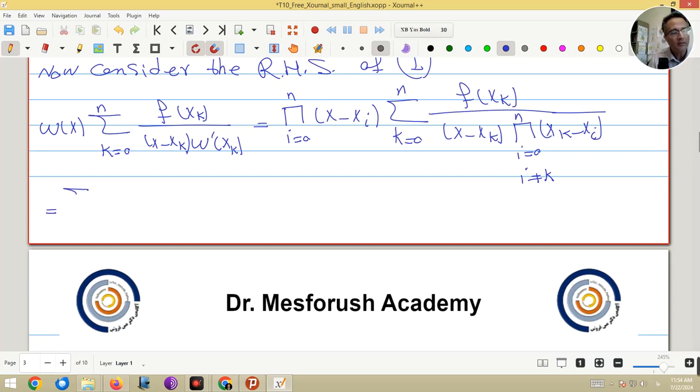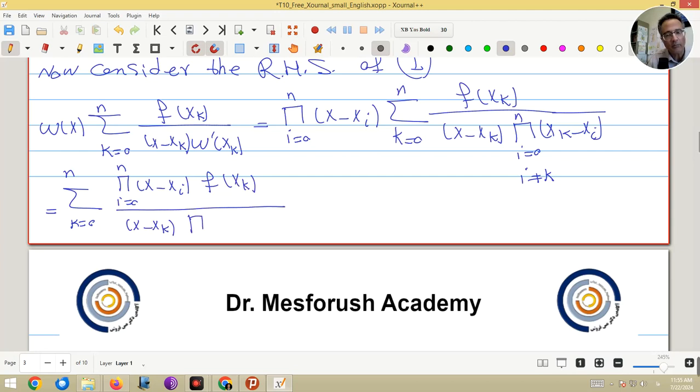So it will be the sum over k from 0 to n of the product over i from 0 to n of x minus xi times f at xk over x minus xk times the product over i from 0 to n, i not equal to k, of xk minus xi. Now, in the numerator, you move x minus xk out of this product and cancel with the denominator.